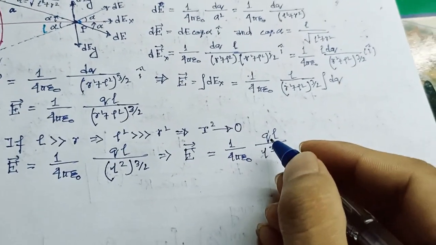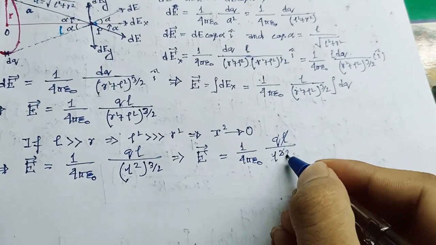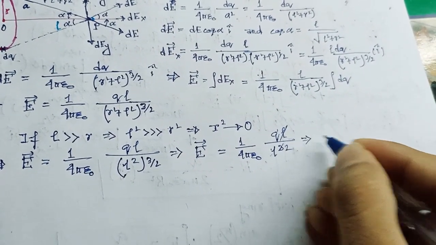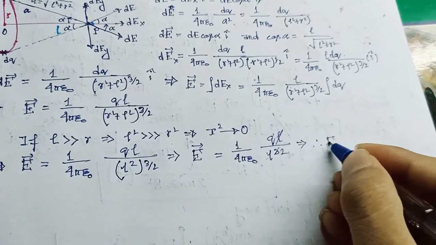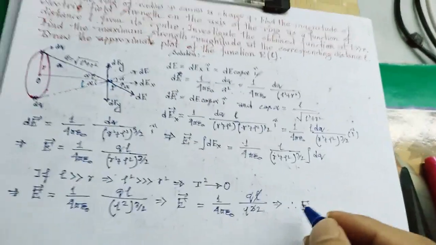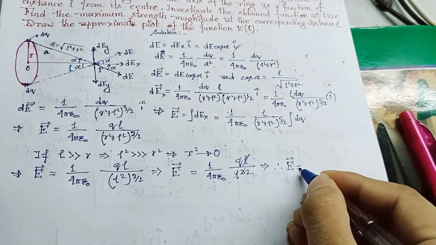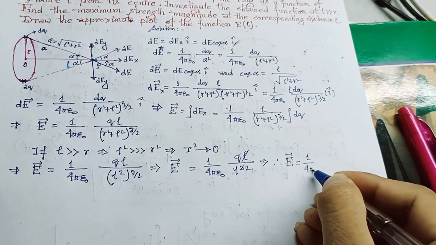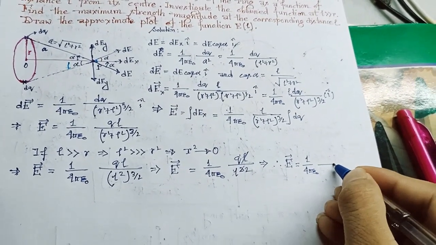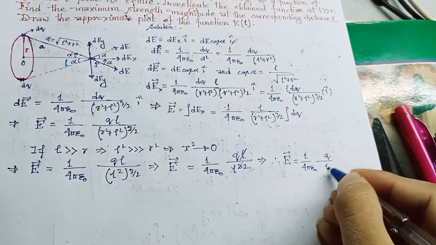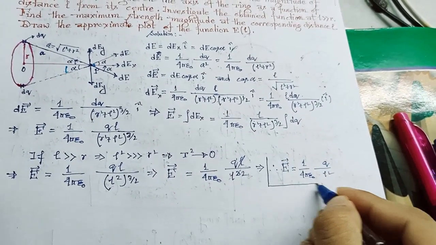Now we can cancel L with L cube. After that we find that the net electric field when the length is much more than the radius will be 1 divided by 4 pi epsilon naught into Q divided by L square. So this is our required result.